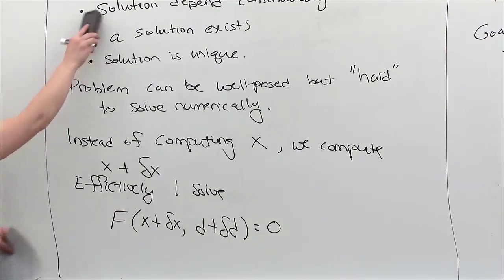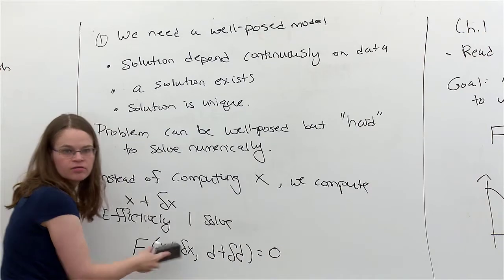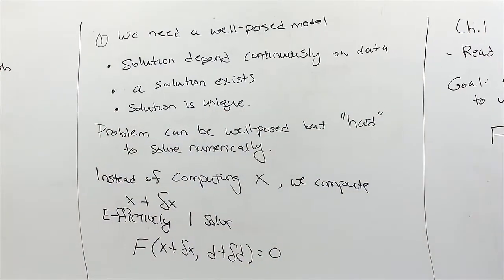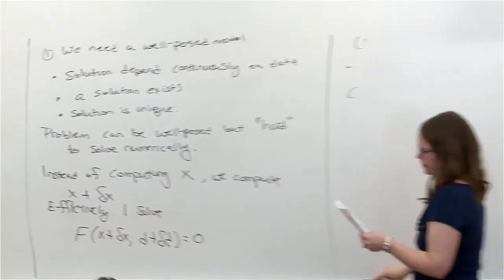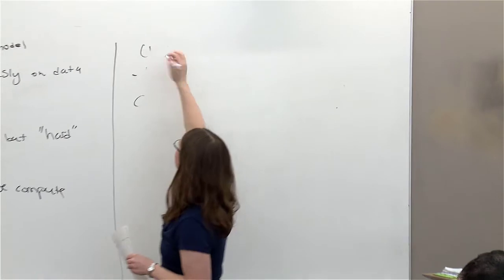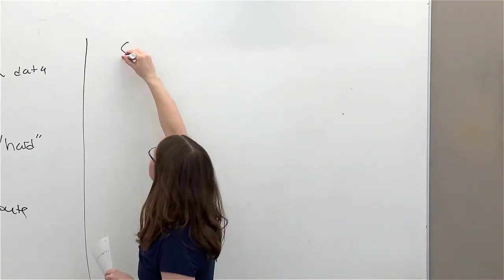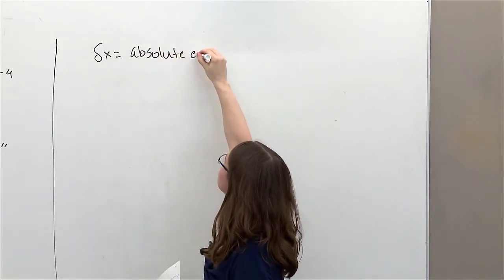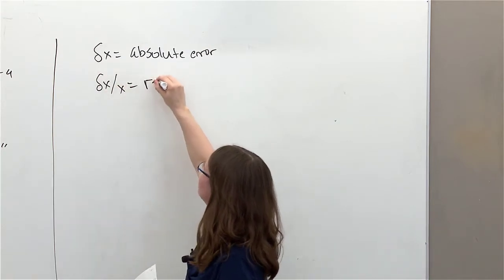And we've talked about that here. If the error in the data is small, hopefully the error in x is also small. Okay, and delta x we're going to call the absolute error, and delta x divided by x is the relative error.